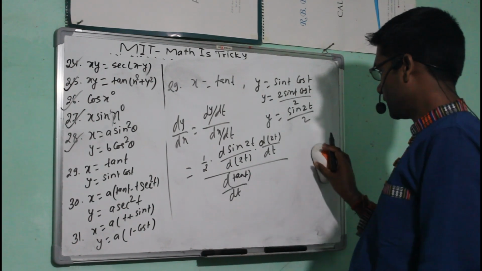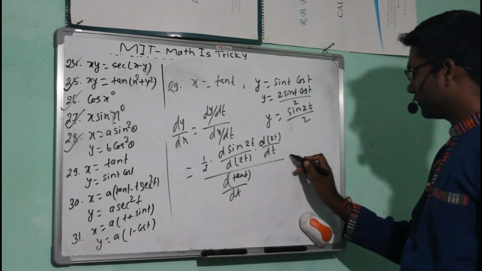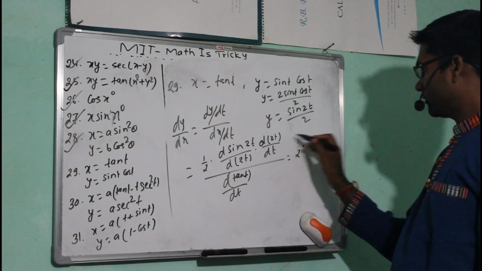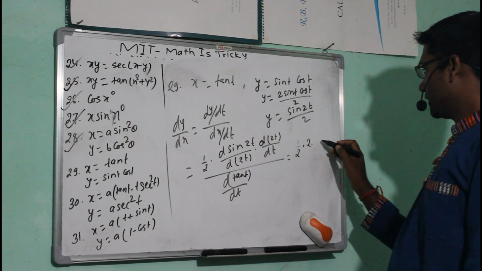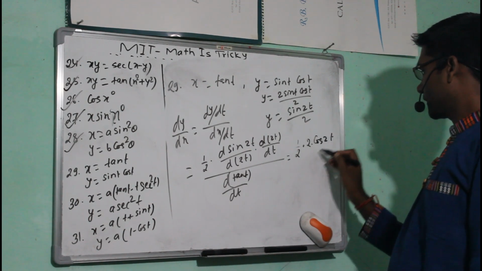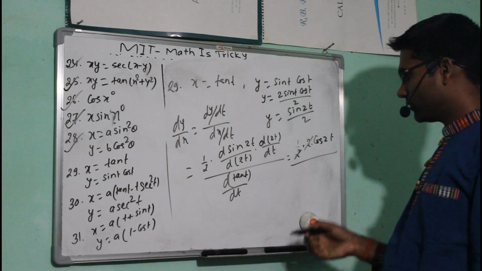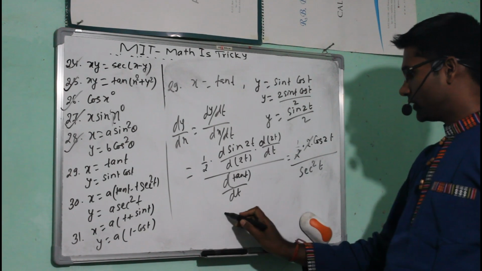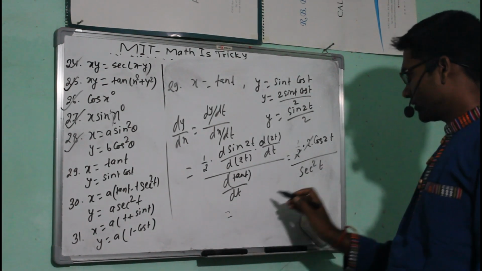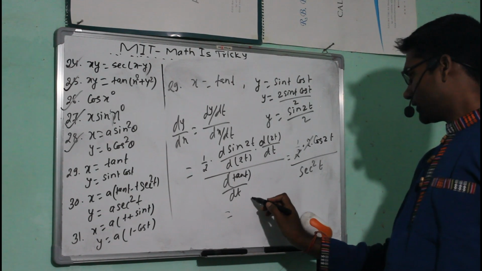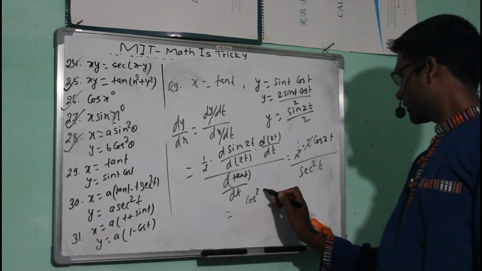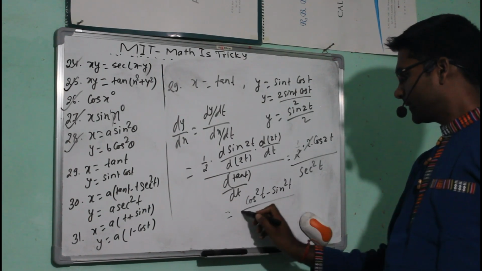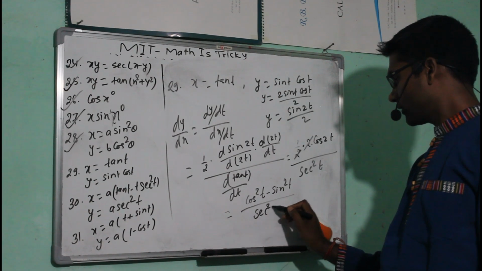If we simplify this, we get 1 by 2 in the numerator, and the derivative of 2t is 2, and the derivative of sin is cos 2t. Now 2 and 2 cancel, and the derivative of tan t is sec square t. So this is cos 2t, which we can write as cos square t minus sin square t, by sec square t.